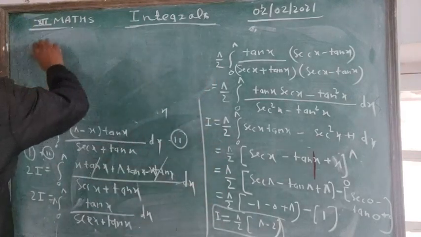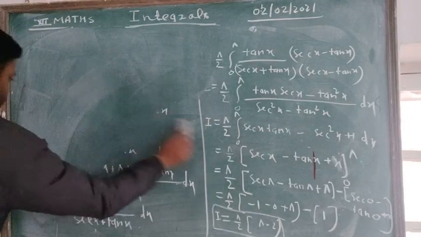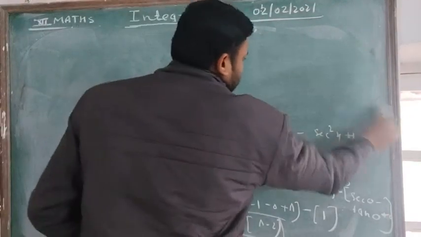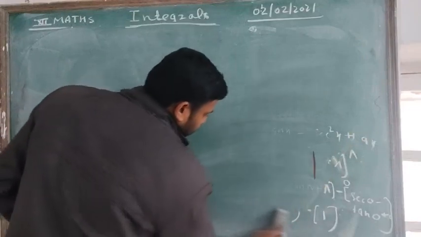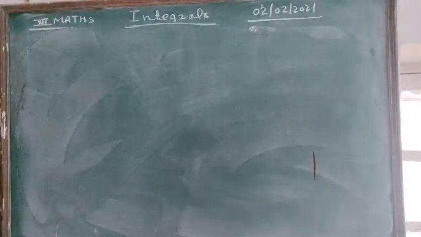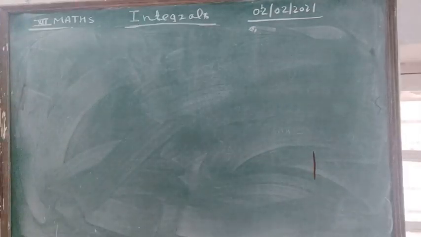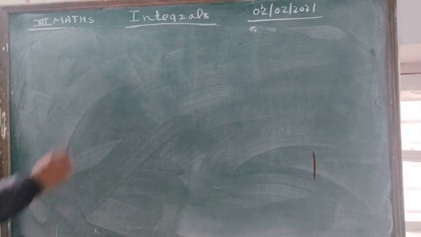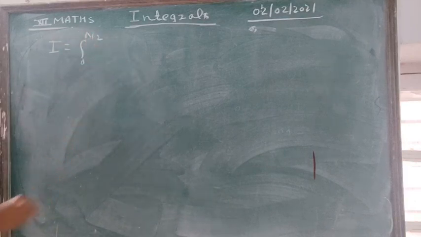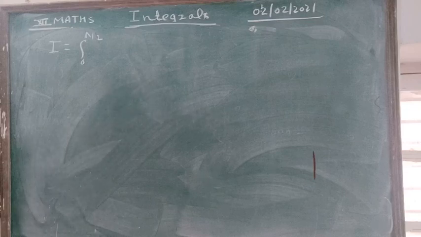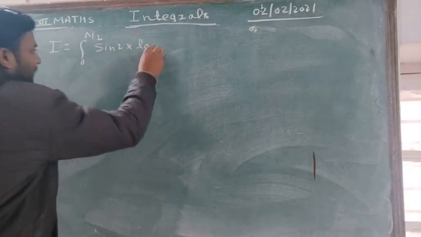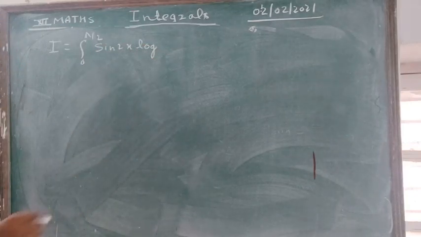So the next question is: find the integral I equals 0 to pi by 2 of sin 2x log tan x.